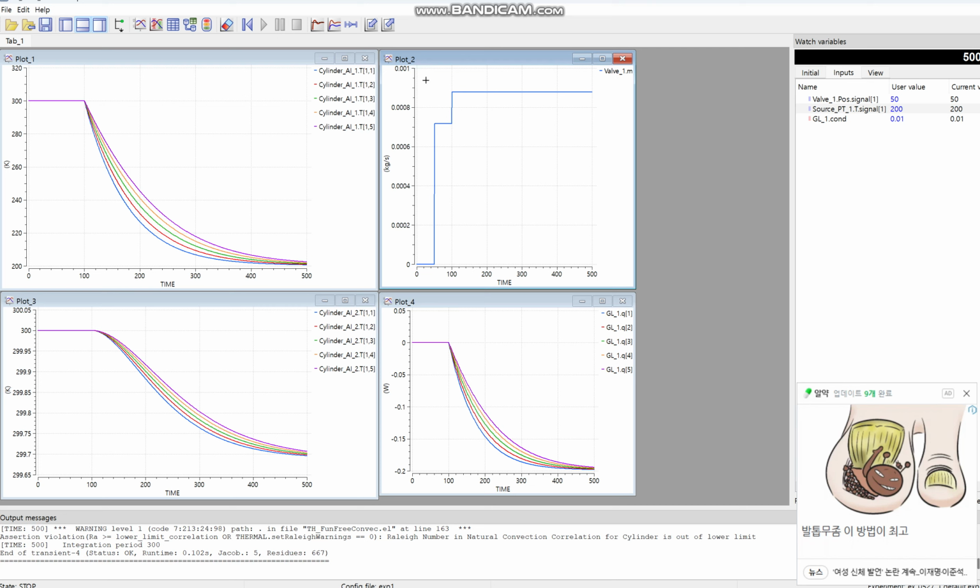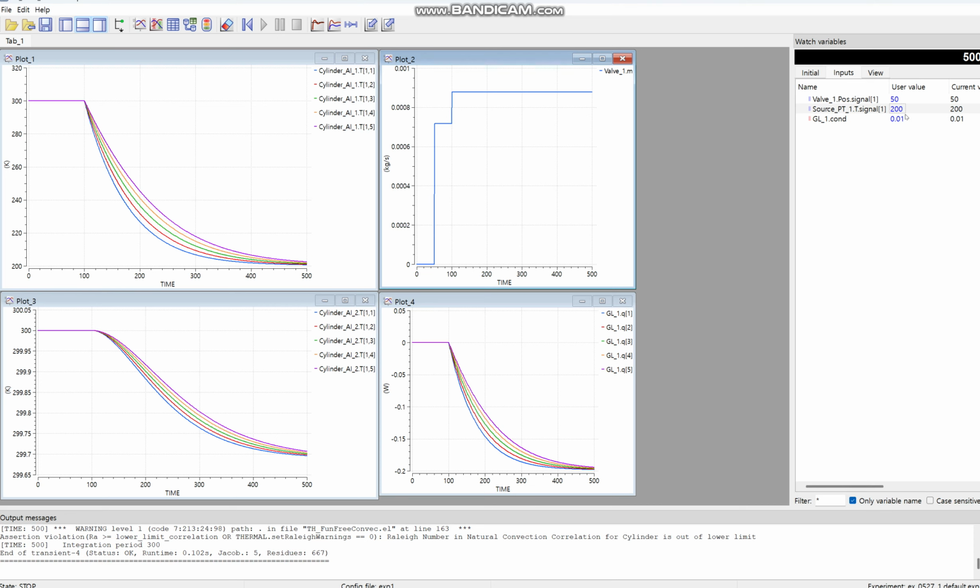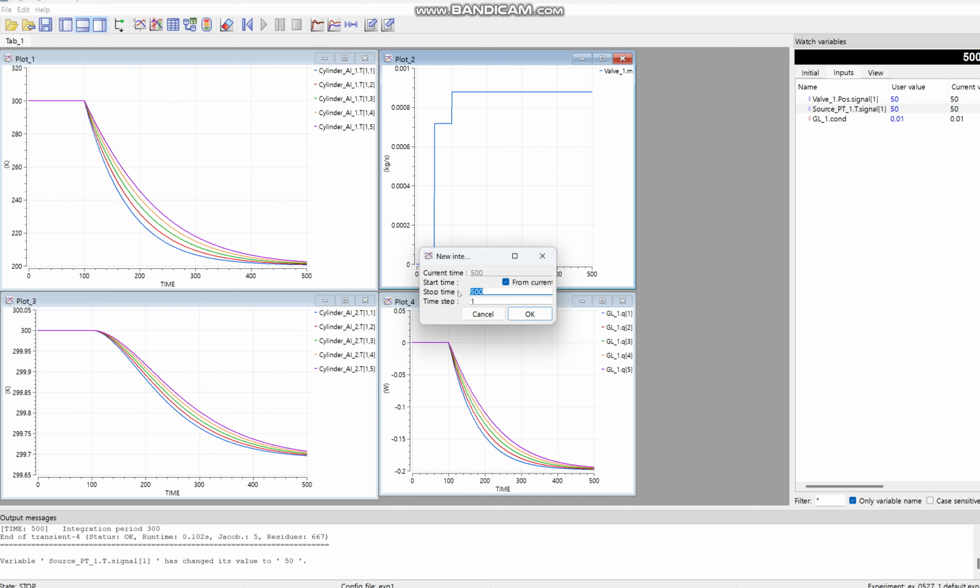Then we can see 0.0009 kilogram per second of helium flows. Oh, quite interesting. Let's see, 50 Kelvin helium flows suddenly.